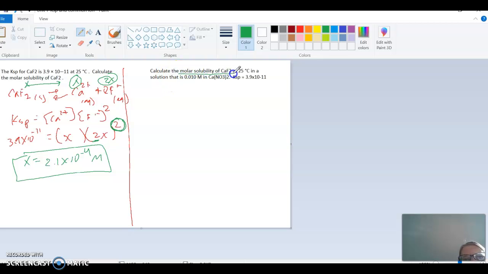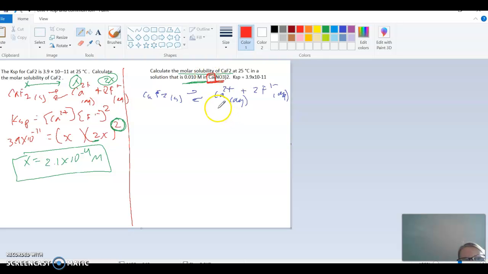Take a look at the other side. Calculate the molar solubility of CaF2 in a solution that has a common ion. So I'm going to rewrite the equation. What this problem is actually saying is, if I happen to have it in calcium nitrate, I can see a common ion right there with calcium.